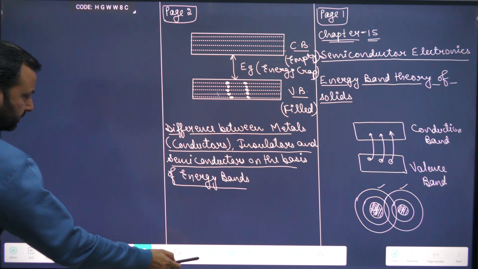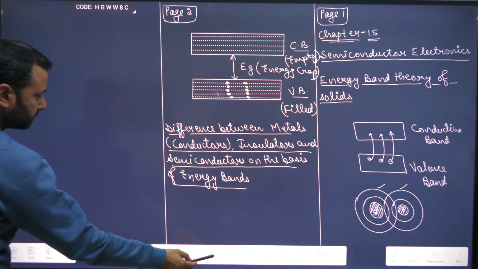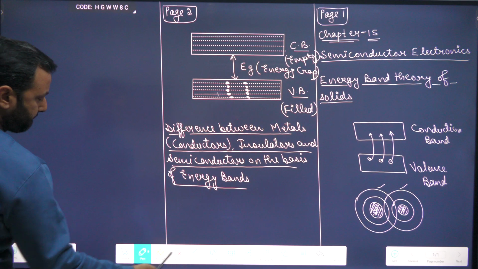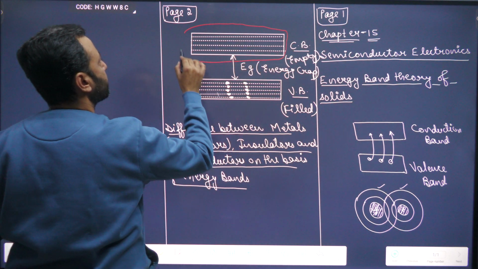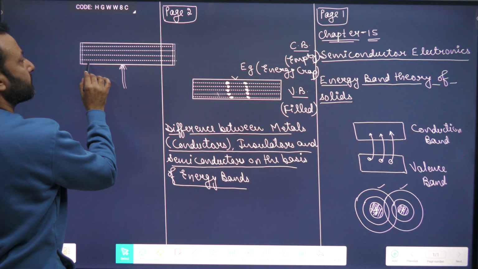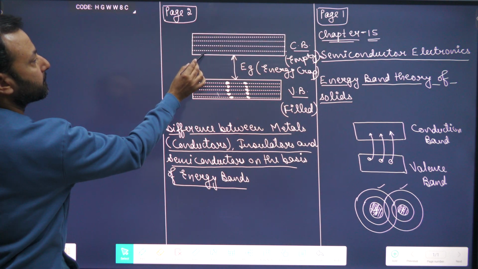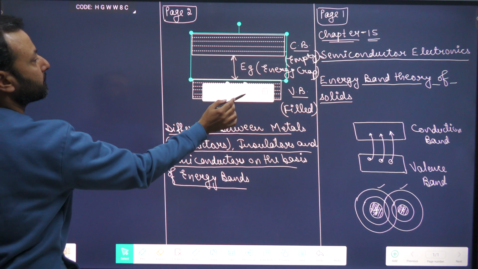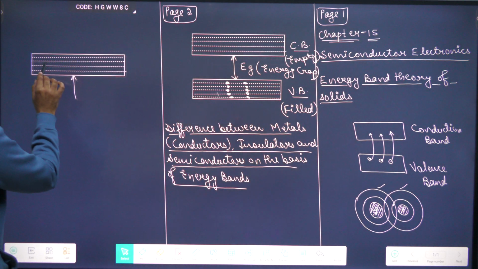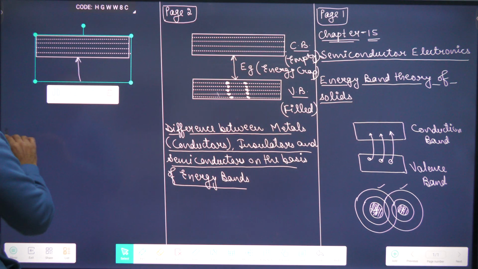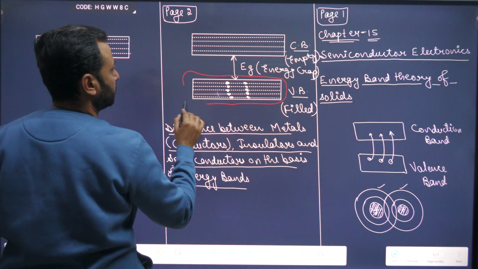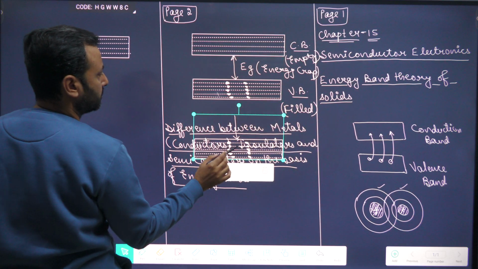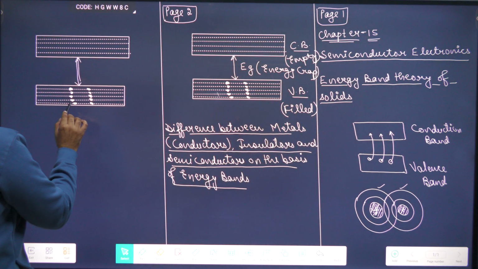So in case of conductors, this is the conduction band. This is the valence band.